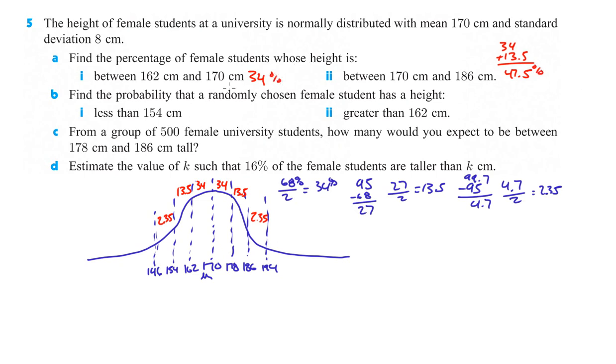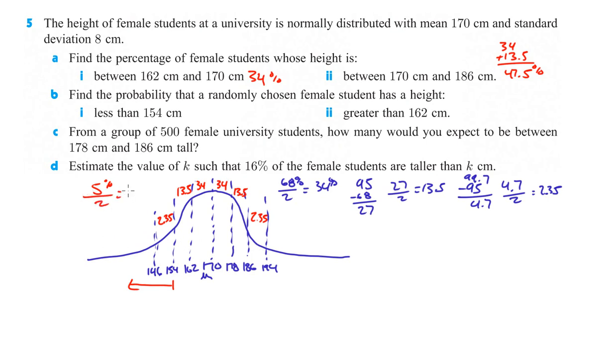Okay, find the probability that a randomly chosen female student has height less than 154. So that is from here over, right? This here is 95% of the data. So that leaves 5% of the data for up above and down below.